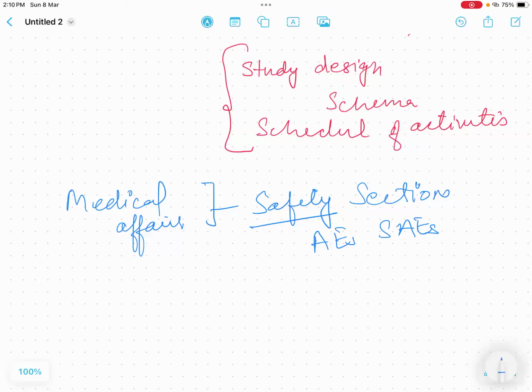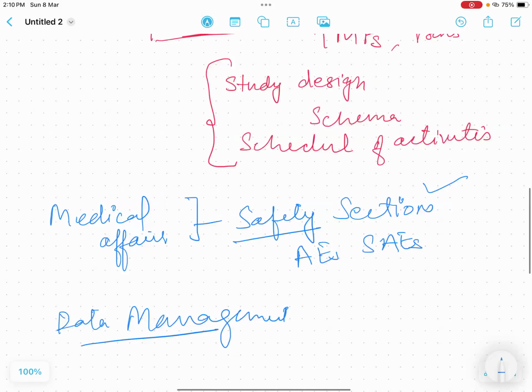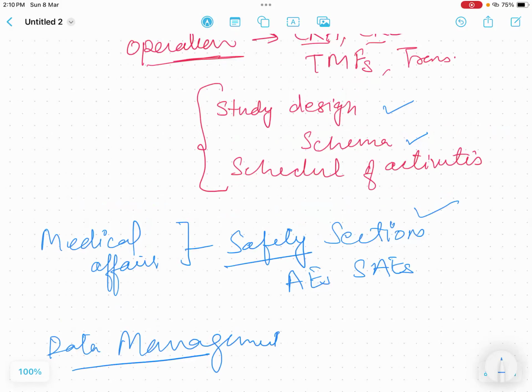Similarly, if you are a PV associate, again, this section is important for you. And if you are a data management person, then study design, schema, and schedule of activities are very important for you, because you have to design the CRFs. The data management team is going to design the CRFs, right?